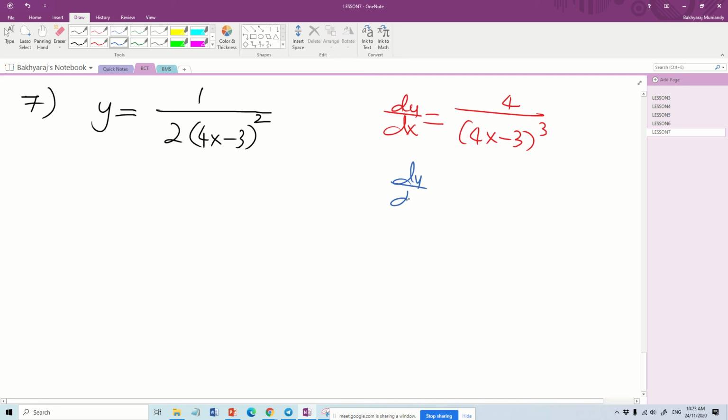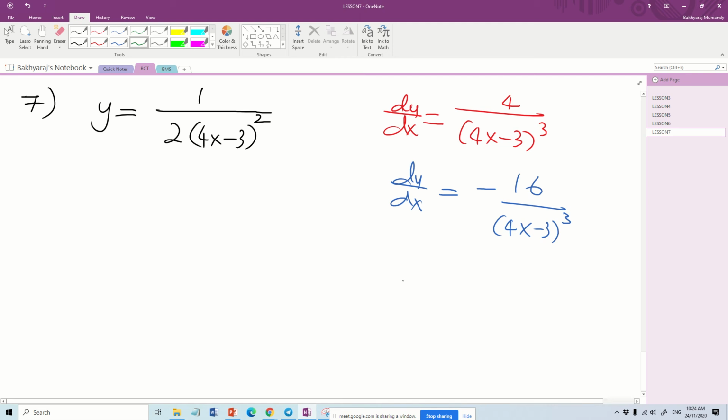Okay, dy dx will be equal negative 16 over 4x minus 3 power of 3. Okay, thank you Irene.